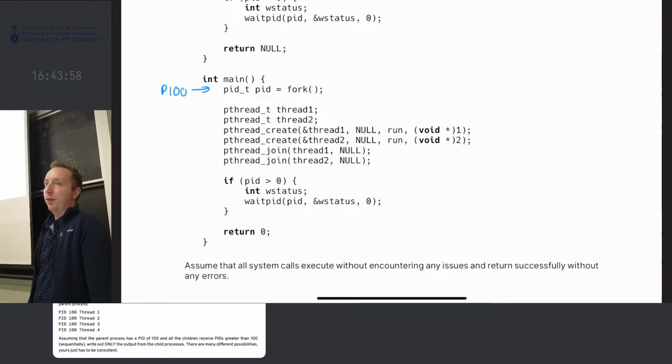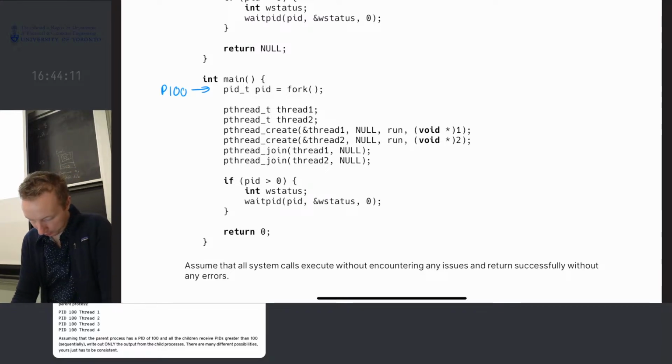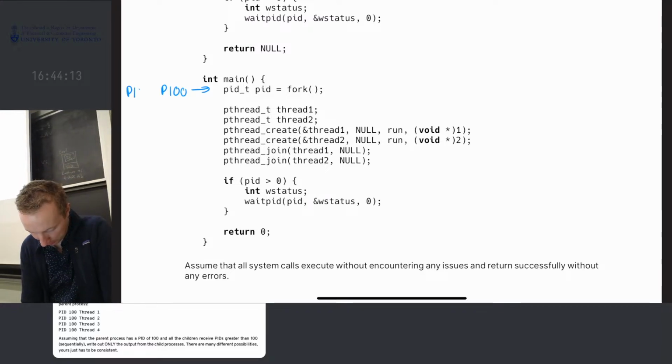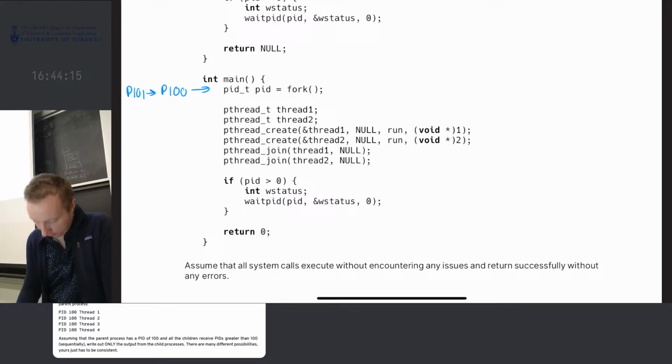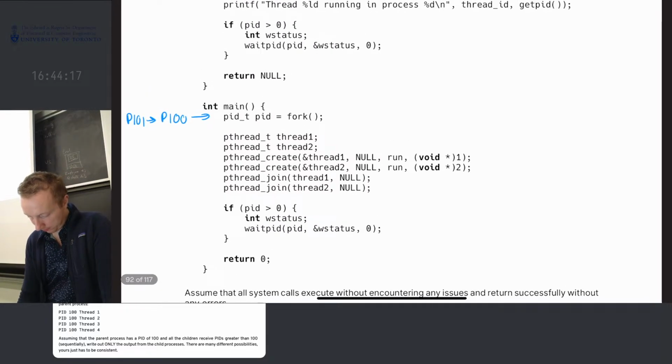So in this case, we hit fork immediately. What does fork do? Everyone remember? We create a new process, right? Probably gets the ID, I don't know, 101. They're going to be exact clones of each other. Right now, they're both executing main, so nothing fairly important happens. So we'd have process 100 and 101.